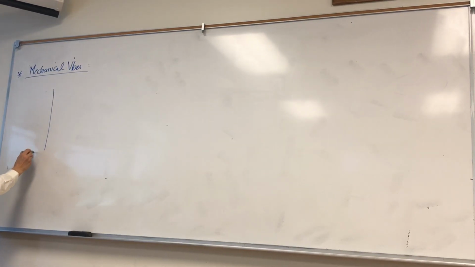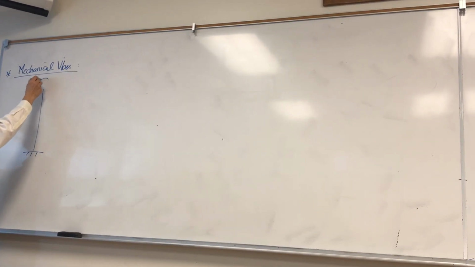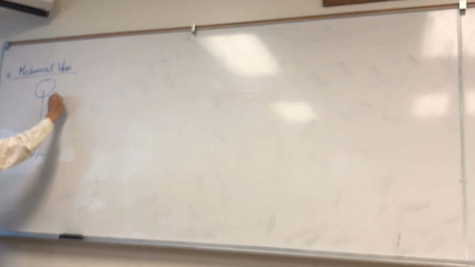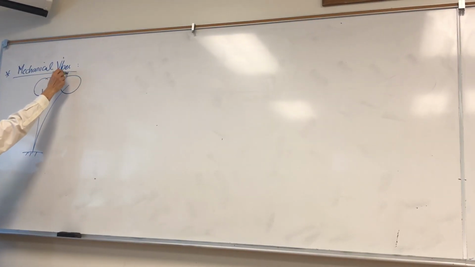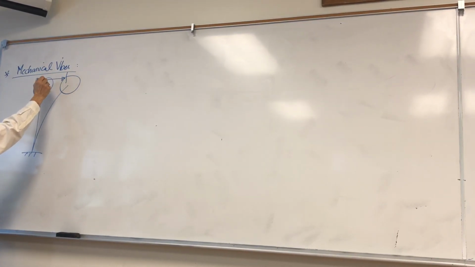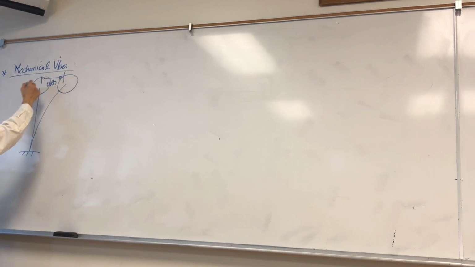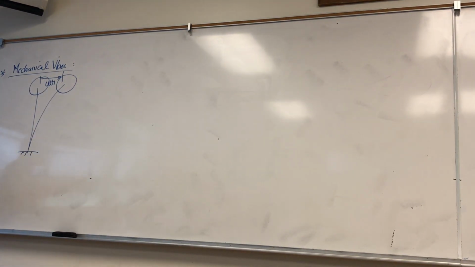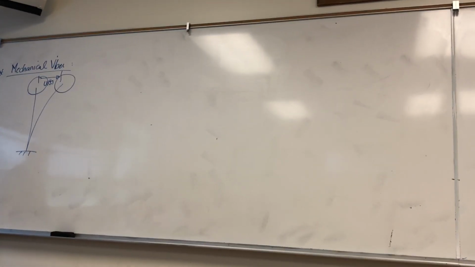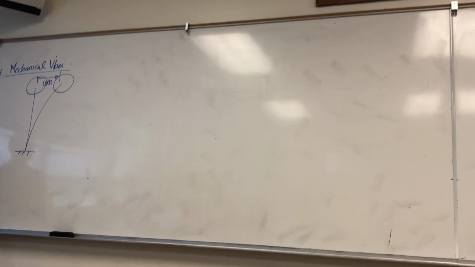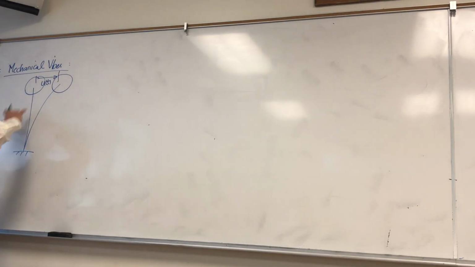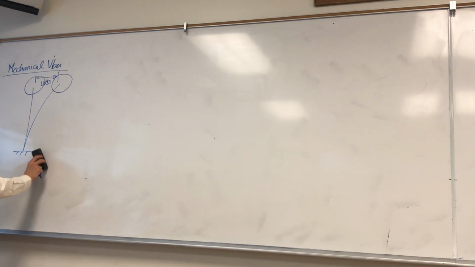An independent coordinate system that can describe the behavior of that motion, okay? We can consider this as a single degree of freedom system, where the behavior of the system can be described in terms of that coordinate, okay?